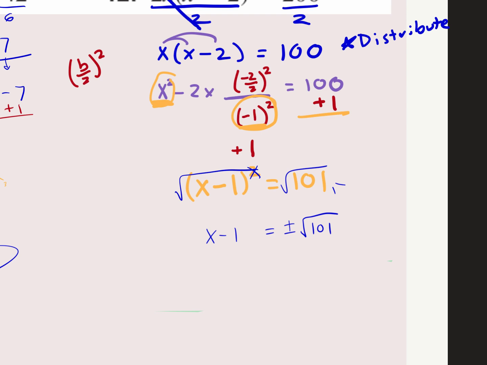If it is prime. The last step is we want to add 1 to both sides. So x is equal to, I can't combine 1 and a square root. They are not like terms, so I just leave it separate. So I have 1 plus or minus square root of 101. That's our answer.